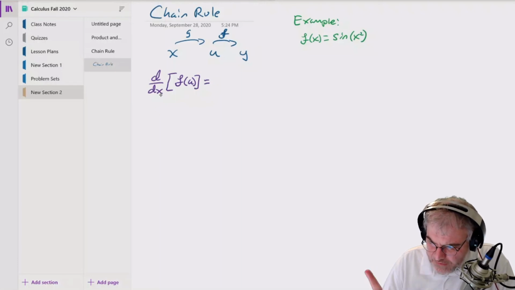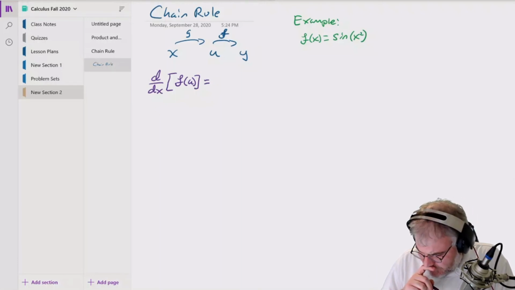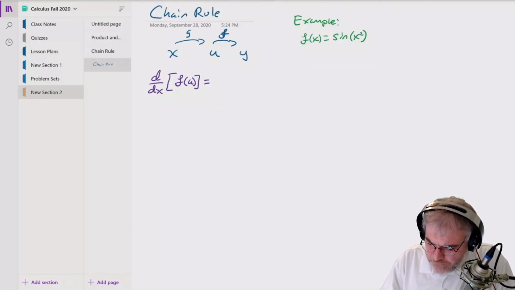X and u were different. So this equals the derivative with respect to u, this is the chain, of f of u times the derivative with respect to x of u.